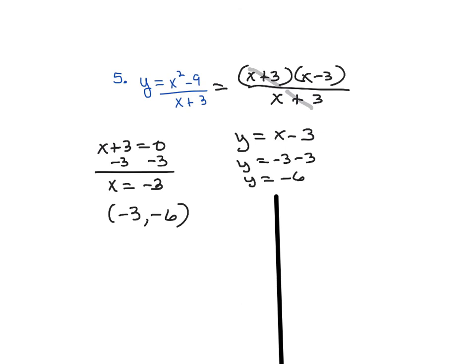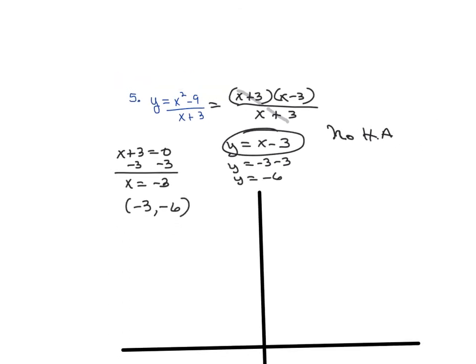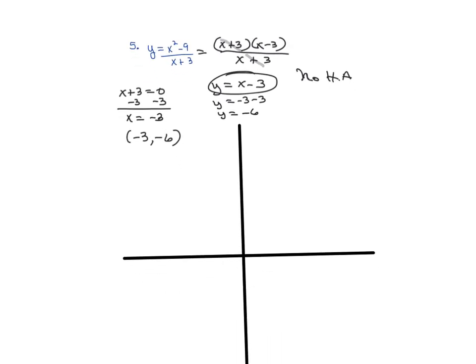So this tells me that there is no horizontal asymptote, but we do have the slant asymptote, which is just our equation here. So whenever you're looking at your calculator, the table is going to show an error wherever there is the hole in the graph.